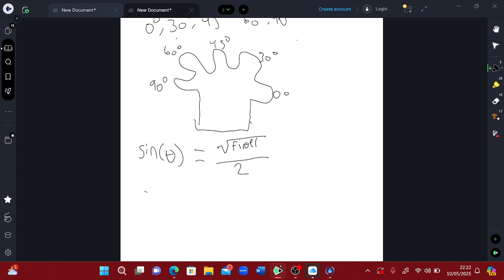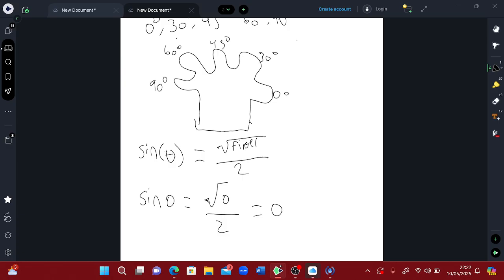So sine of 0 is going to be root 0, because it's almost like the 0th position. We don't start at 1, we start at 0. So it's going to be root 0 over 2, which is just 0. And that should make sense because obviously the graph starts at 0. So that checks out for the first value.